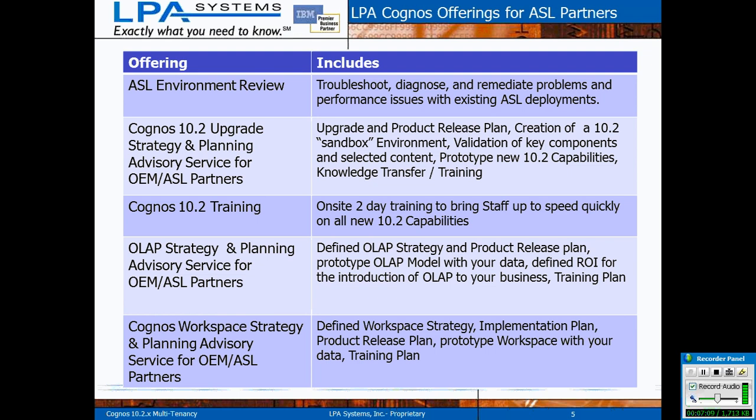And we can work with you on data integration and modeling problems and challenges as well. We also offer an advisory service to help plan out your implementation. So if you're looking for assistance in any of these areas, we have some specific offerings that can be brought to bear on your situation.